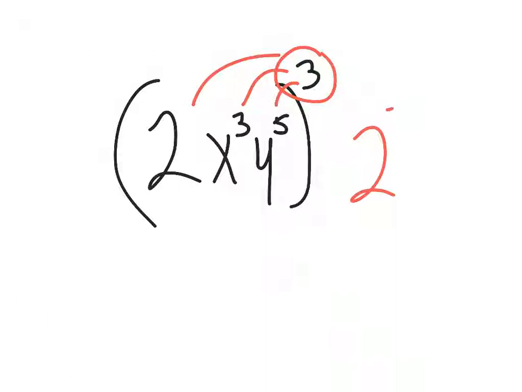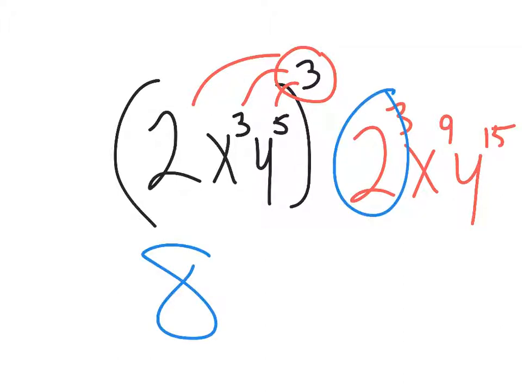And we do get 2 to the third, x to the 9th, and y to the 15th. Okay? So yeah, your final answer is 8 because 2 to the third is 8, x to the 9th, y to the 15th. All right? Cool. I think we got this. However, let's make it more interesting. Check this out.